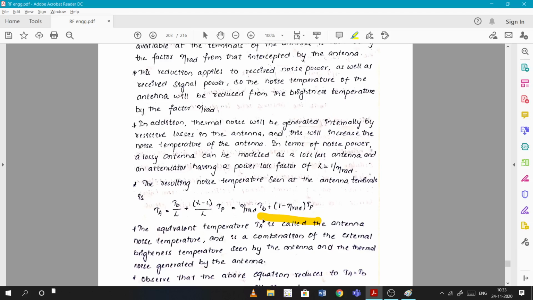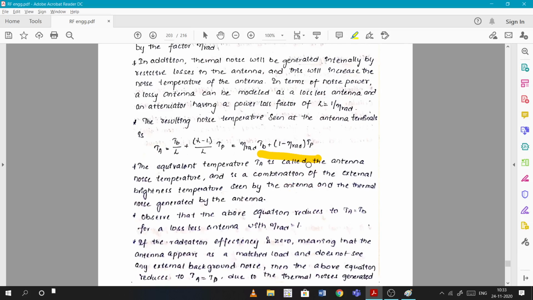The equivalent temperature Ta is called the antenna noise temperature, and it is a combination of the external brightness temperature seen by the antenna and the thermal noise generated by the antenna. Tb is the external noise, and this part is the internal noise, where Tp is the physical temperature that causes the internal noise.